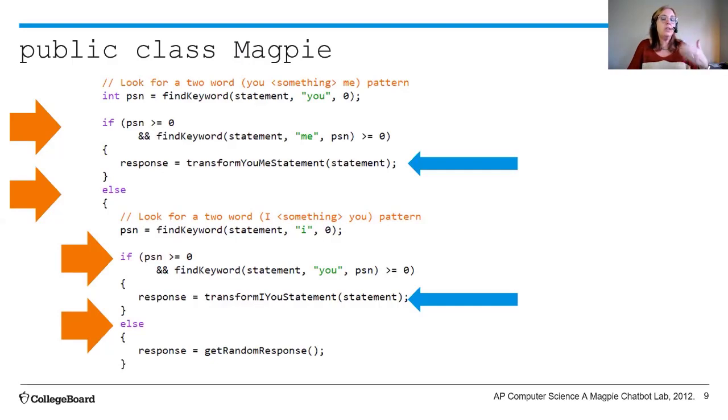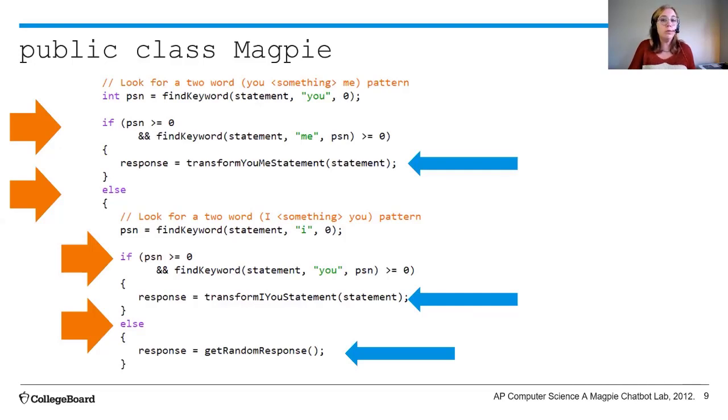So when you get into looking at the Magpie code, you're going to see a lot of variations of uses of things in Java that you're going to find helpful. But this one swaps you and I, or you and me up here, and this one's I and you. If none of that happens to be what is occurring, you're going to get a random response.